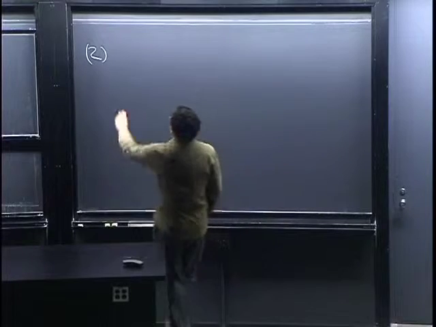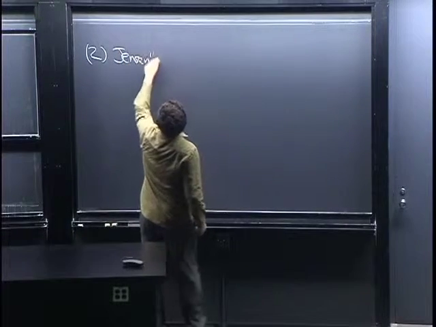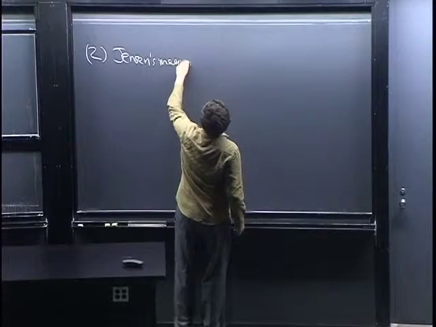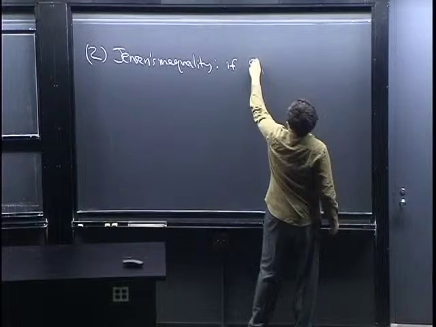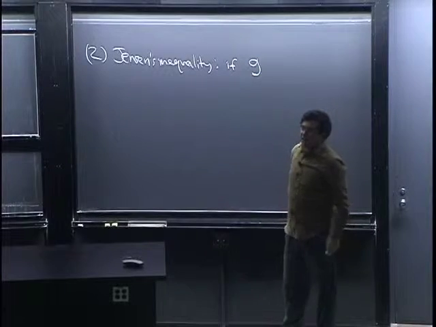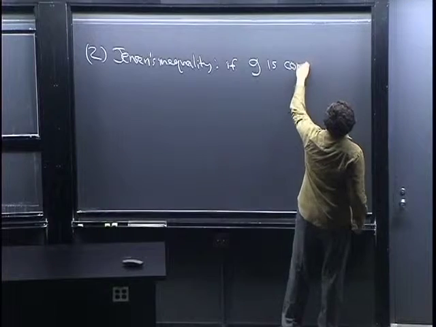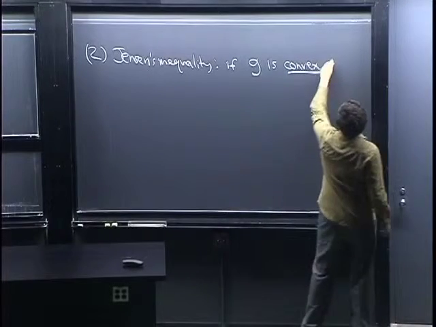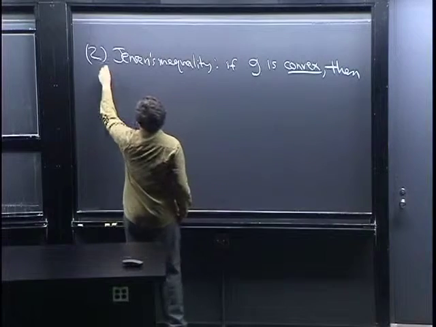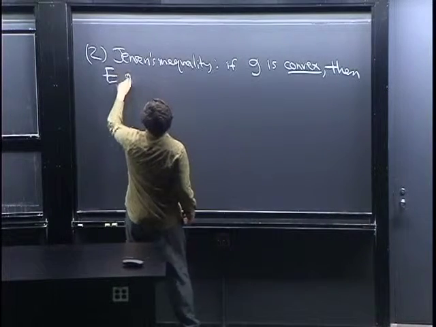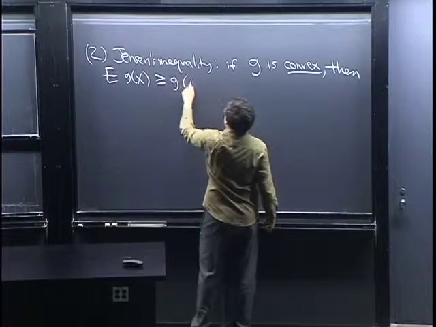So Jensen's inequality says that if lowercase g is a convex function, and I'll remind you what that is, then for any random variable X, the expected value of g of X is greater than or equal to g of the expected value of X.